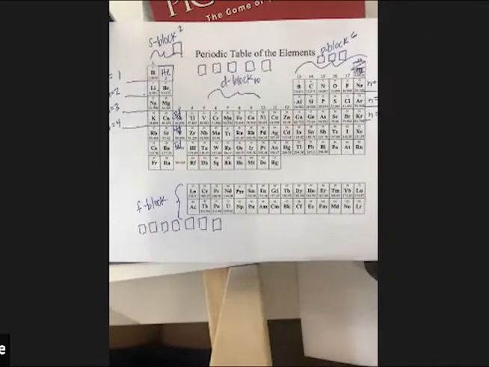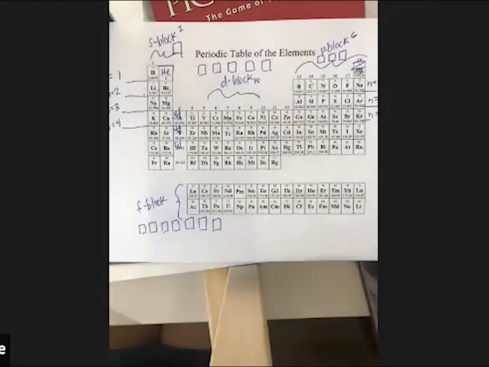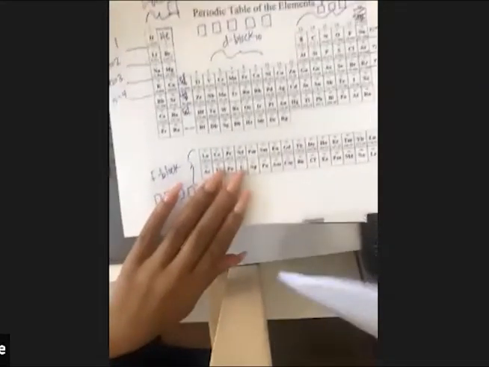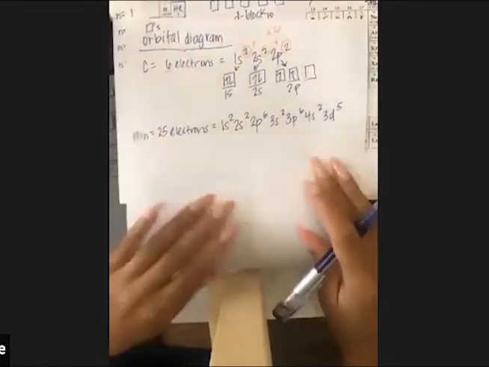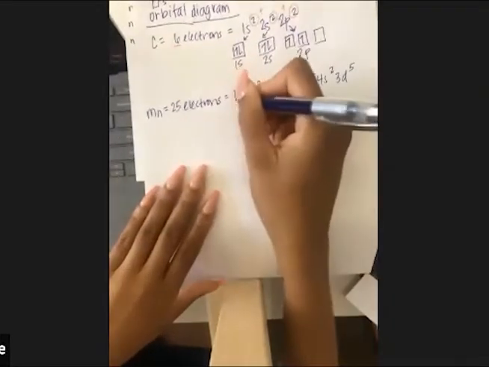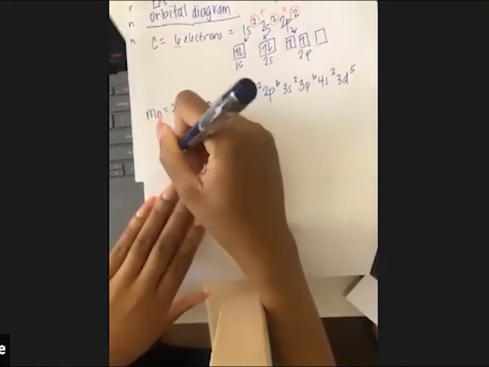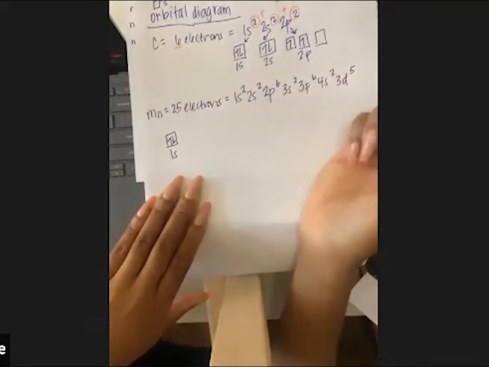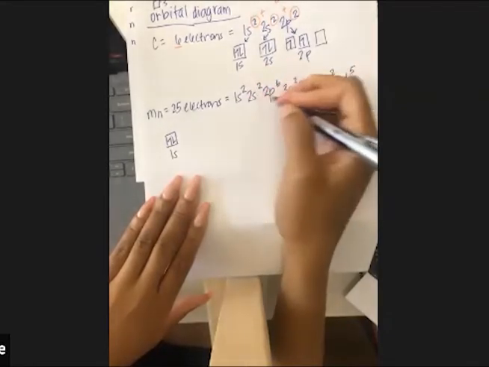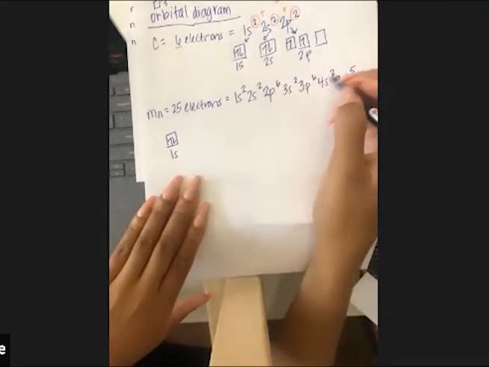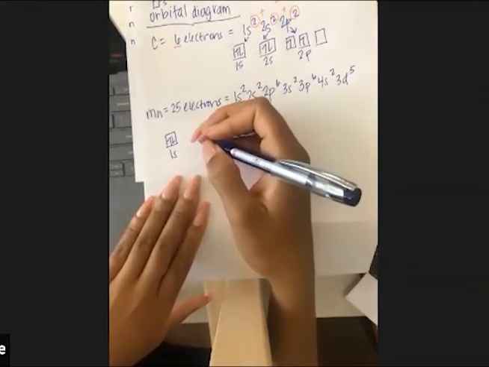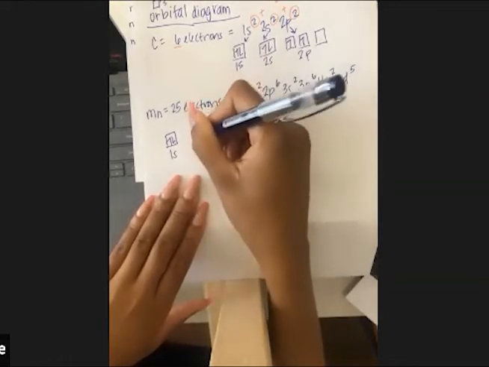All right, so if I am trying to draw the orbital diagram for manganese, I'm just going to start off with 1s. It's saying 1s, I have 2 electrons. So basically, you have to get the electron configuration correct to be able to draw the orbital diagram correctly. Then I go to 2s.